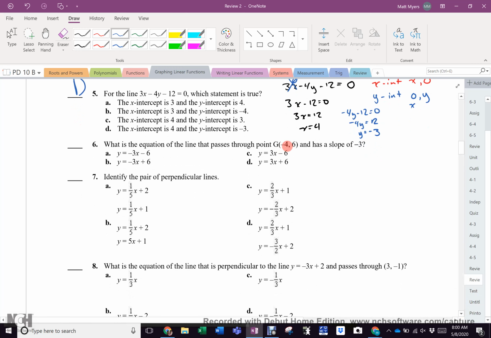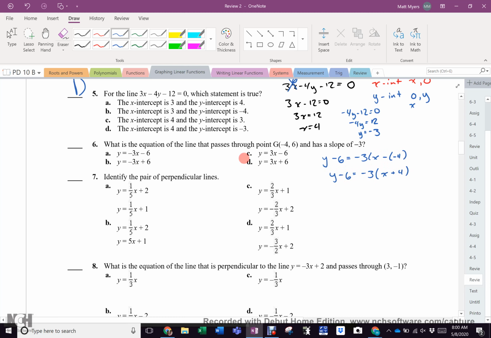Passes through that point and has that slope. Point, slope, point, slope. Oh yeah! Y minus 6 equals negative 3 times x minus 4, which is y minus 6 equals negative 3x plus 4.